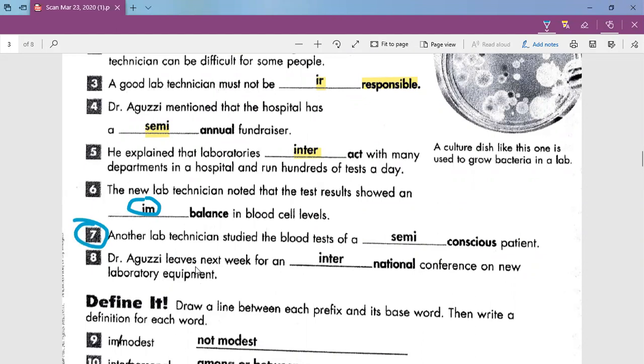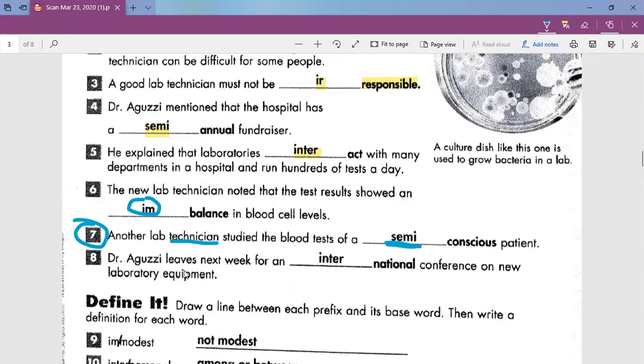"Another lab technician studied the blood test of a semi-conscious patient." Conscious. Of course. So in this case, this word is pronounced technician. Thank you. You're welcome. And it's going to be semi-conscious patient, which means half conscious.